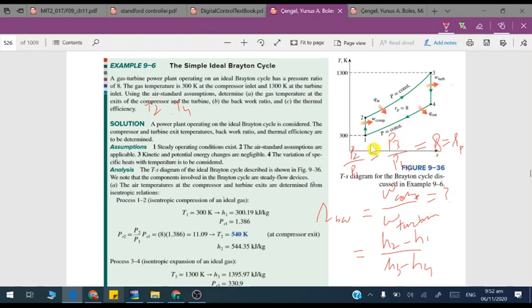And the minimum enthalpy will be H1 here. So we have to determine this. If we know H2, H1, H3, H4, we can find the thermal efficiency.